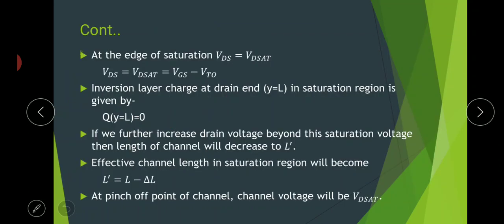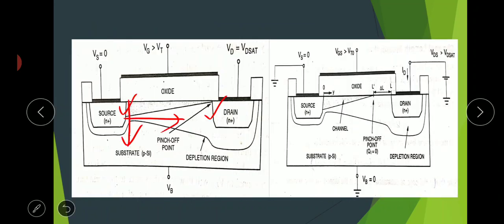Next, at the edge of saturation, VDS equal to VDSAT, that is when the channel touches the surface. That point is known as the pinch off point and the voltage is known as the saturation voltage. So when VDS equal to VDSAT, what happens?